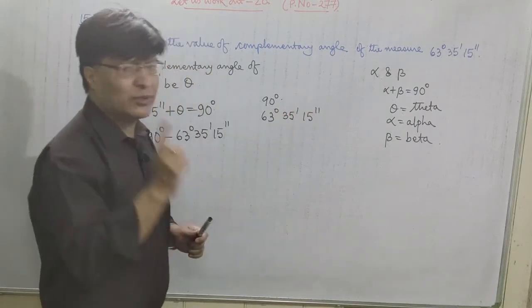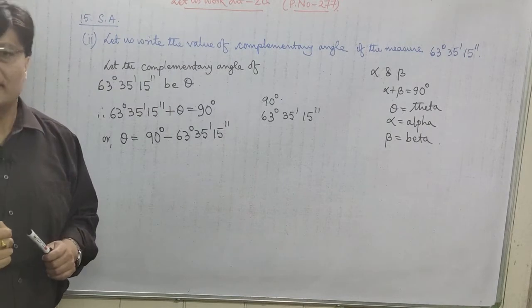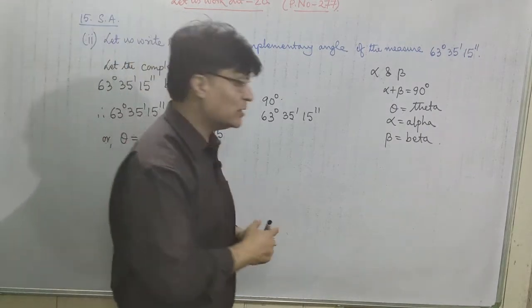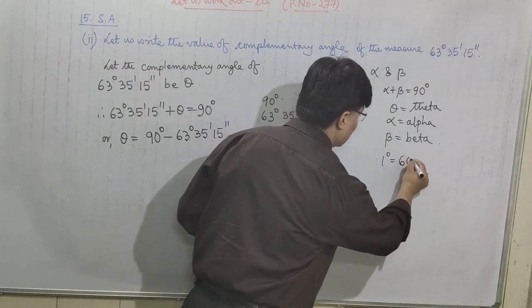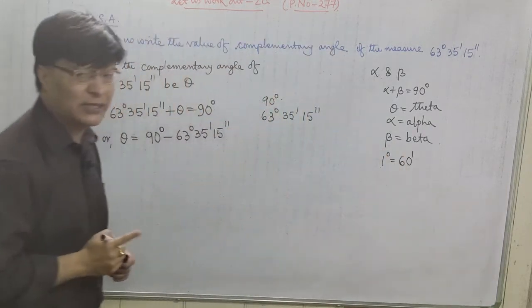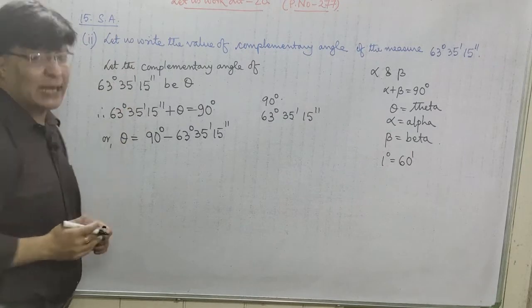Okay? You know that 1 degree is equal to 60 minutes and 1 minute is equal to 60 seconds, right? I already told you about this while beginning this chapter.